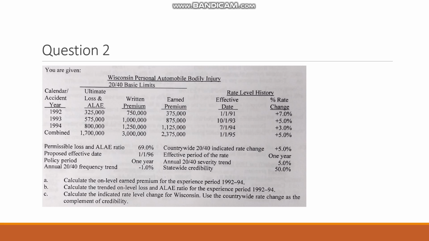And then there's question 2, which is C2 in the samples. For problem A, it requires us to calculate the on-level earned premium for the experience period from 1992 to 1994.